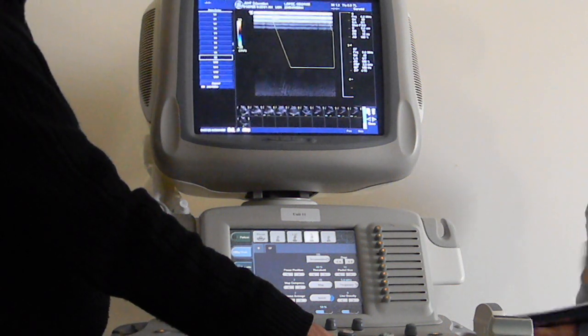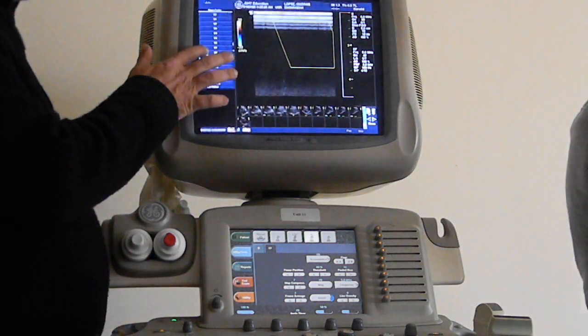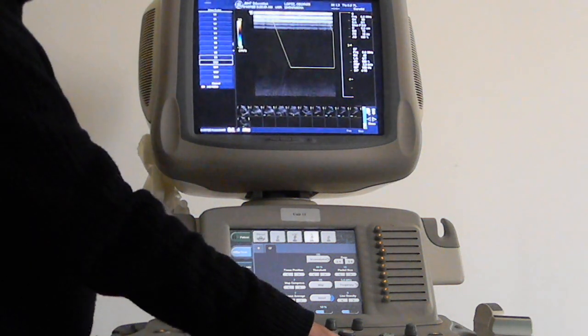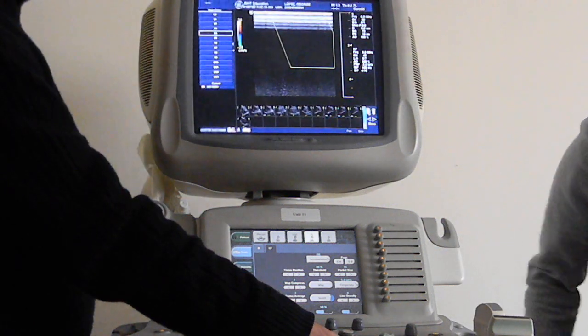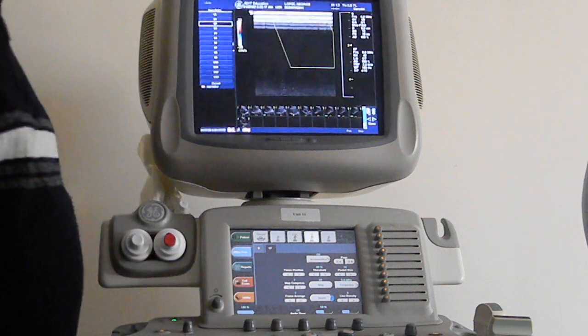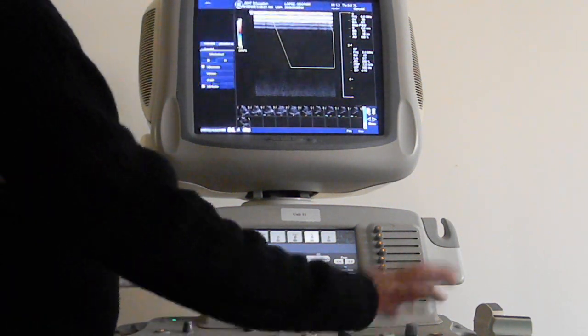There are two kinds of color maps, meaning velocity maps and what we call variance maps. We'll talk more about those in physics. We can choose this map here, so we went from V0 to V2.